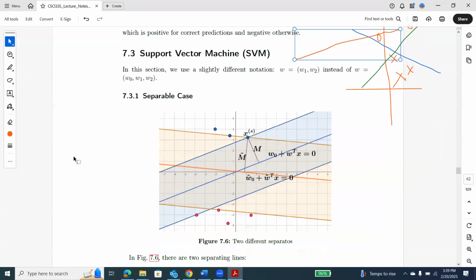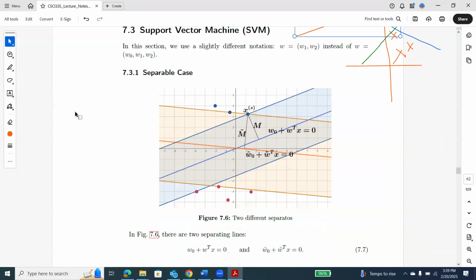If you look at the example below, we have blue and orange lines. For the orange line, the width of the strip where we can actually move until we hit our data set point is wider. The points that we hit are called support points or support vectors.